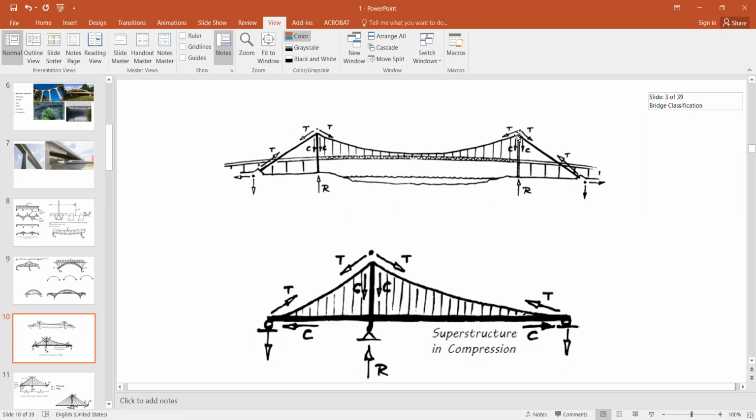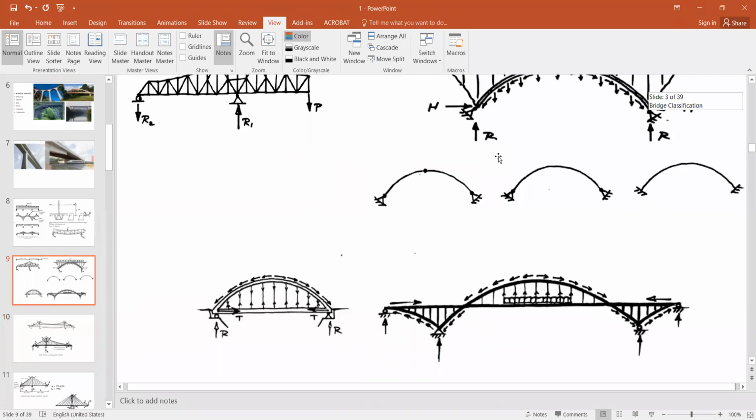So suspension is a very stable system, and the principle is very basic. First of all, these towers are built and the cables are placed. Then the superstructure is suspended from this suspension cable. So you can see how the load transfer occurs in this type of structure.